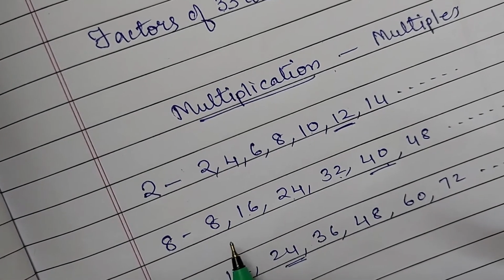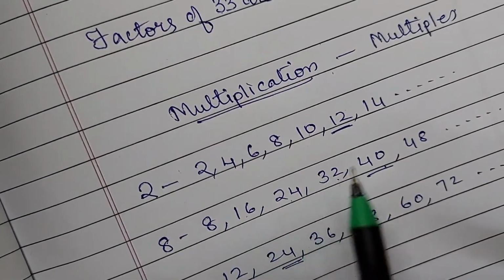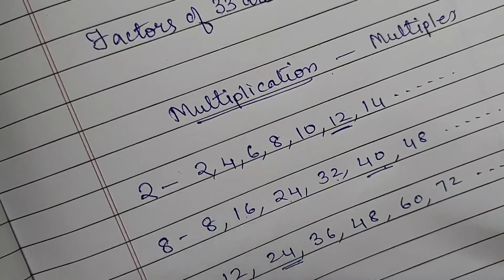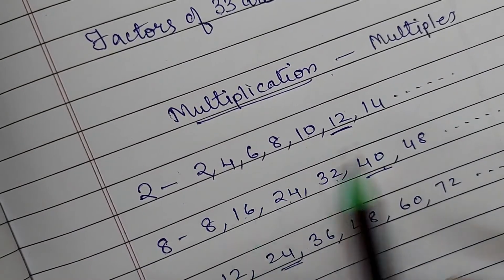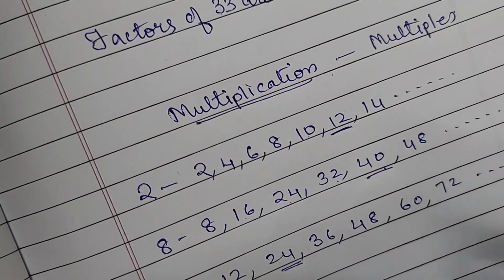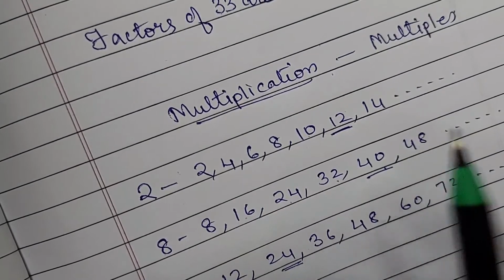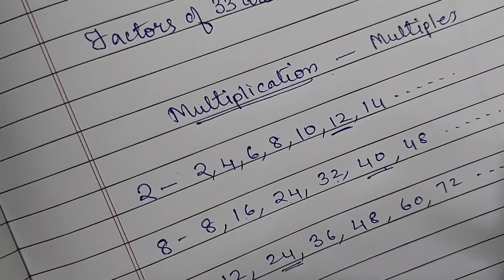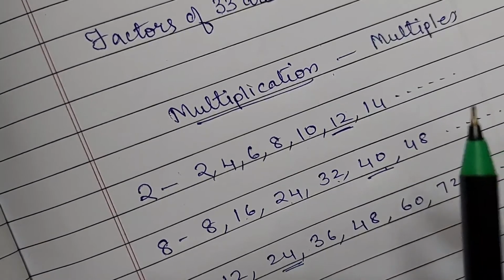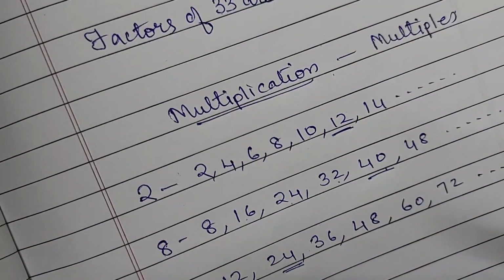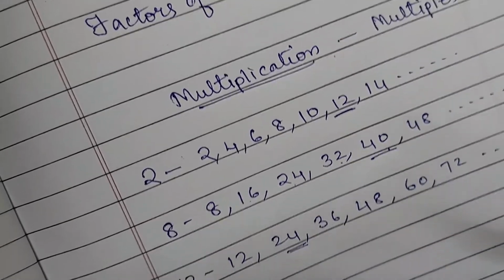Now come to multiples. The multiples will start from that number and go on increasing. That is multiplication, that is multiples. Understood? So don't get confused. Factors are always lesser than or equal to the number and multiples are always greater than or equal to the number.